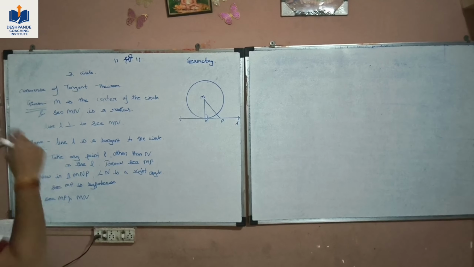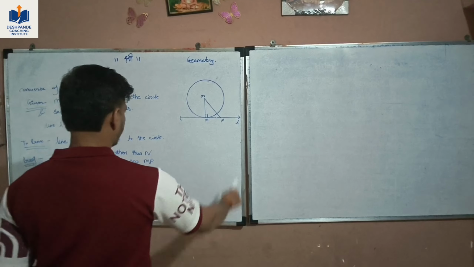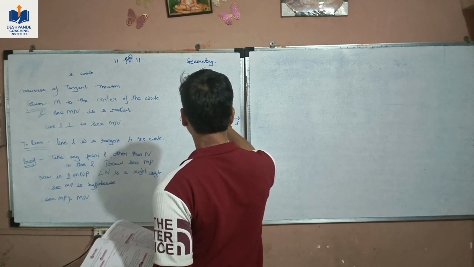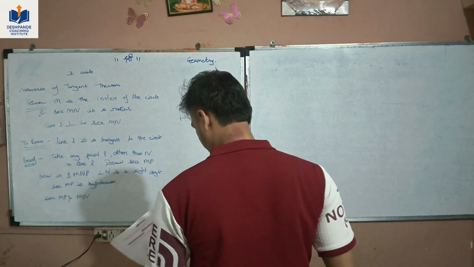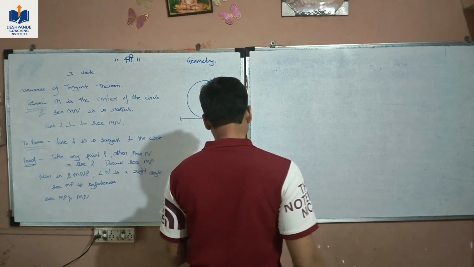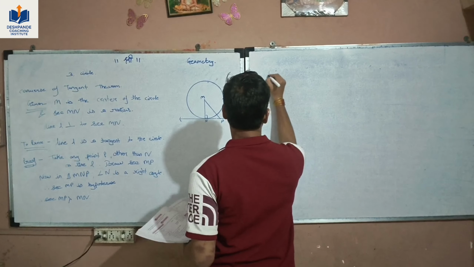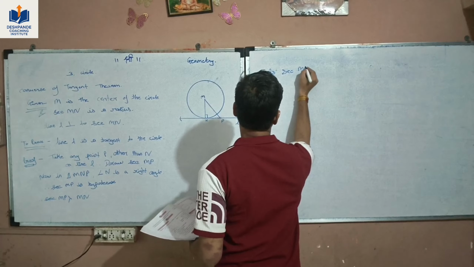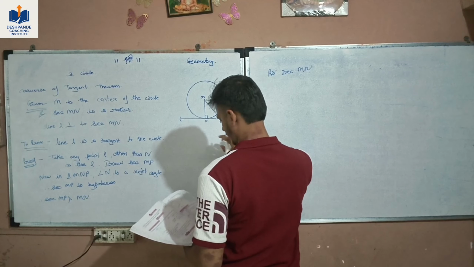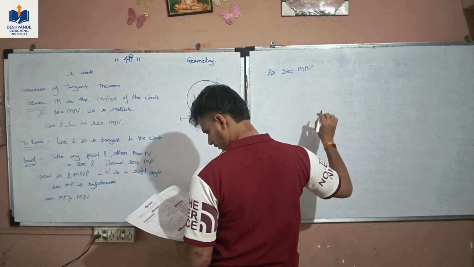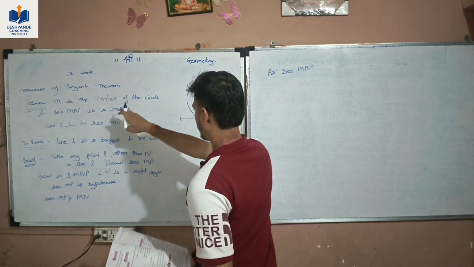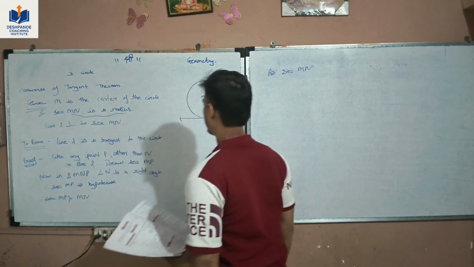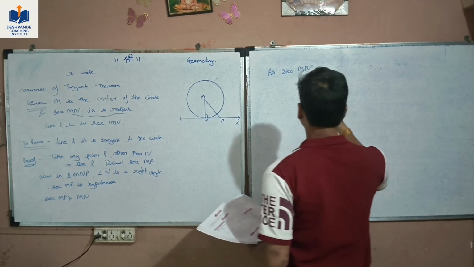So what will be the next point? We have proved that segment MP is the hypotenuse and segment MP is greater than MN. So what will be the next point? As segment MN is a radius, it is given already in the proof.